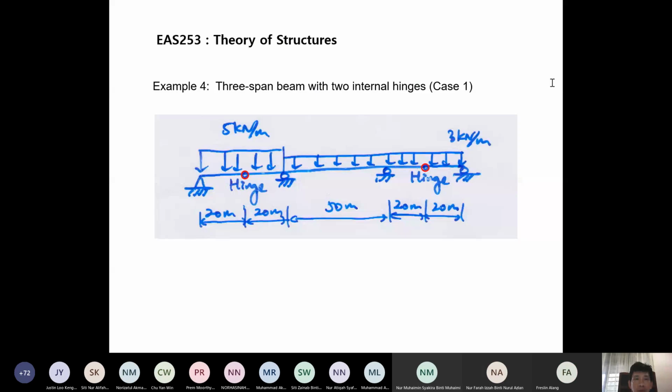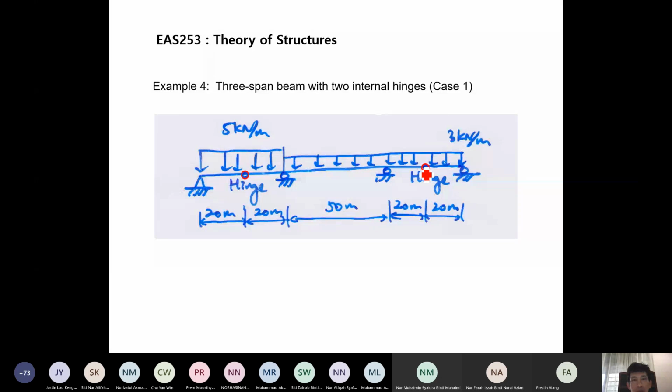One is here between this support and this support at the first span, and another one, if you look at span number 1, span number 2, span number 3, in between the third span, there is another hinge. So this is a 3-span beam with 2 internal hinges, or this is a continuous beam.